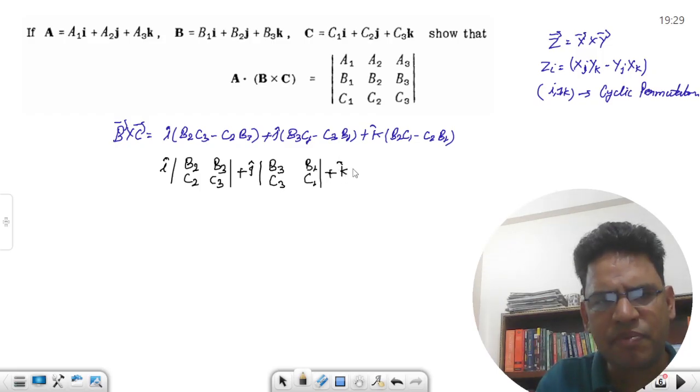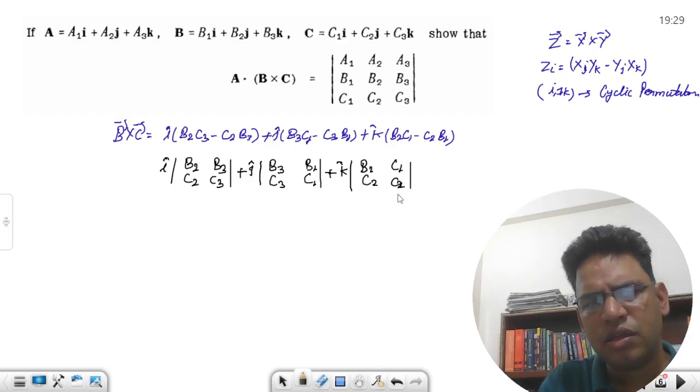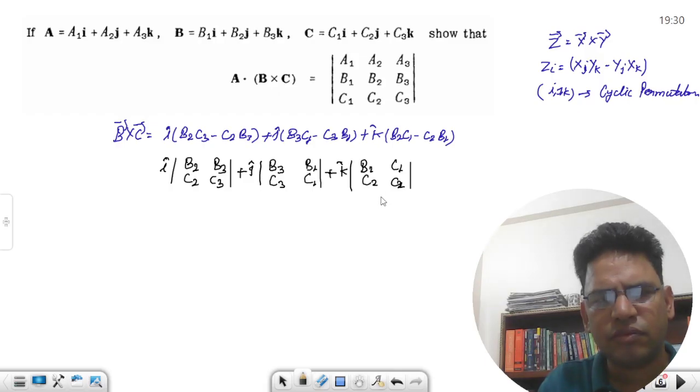Plus k cap direction, it can be written as b2 c2 and c1 c2. So these are the components, they can be written like this.